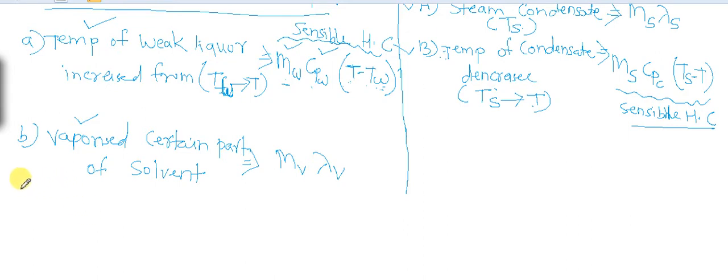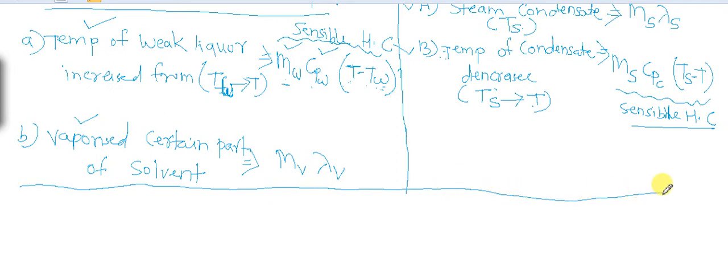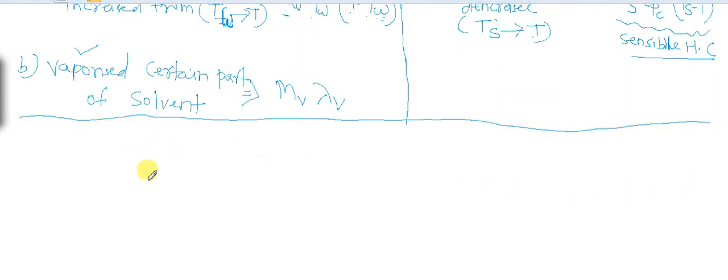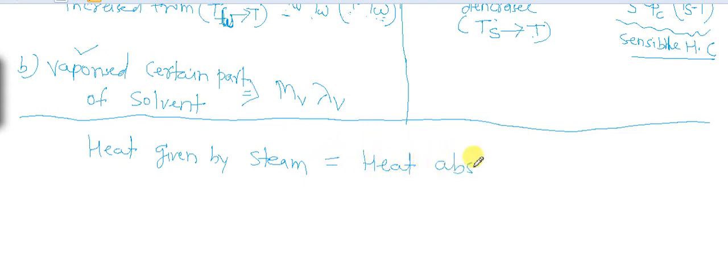So with the help of this equation, now we will write down the energy balance of this particular evaporator, that heat given by steam is equal to heat absorbed by weak liquor.